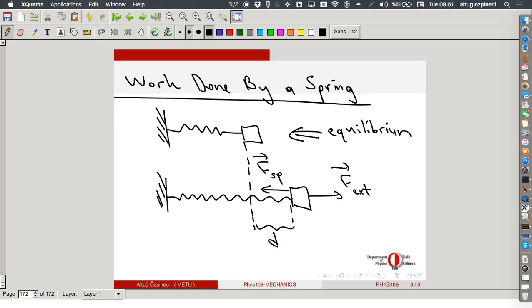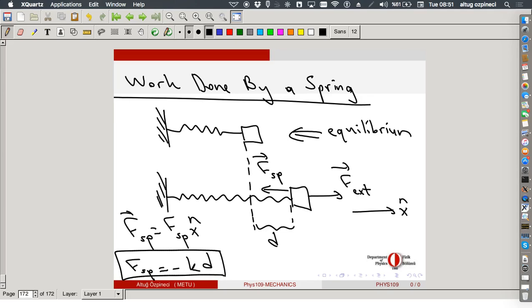Let's call this distance d. If you write the spring force as, let's say, its magnitude in the x direction, this is the x direction. Of course, if d is positive, that is, you have stretched it by d, then the spring force will be in the negative direction. It is proportional to minus d, minus k times d.